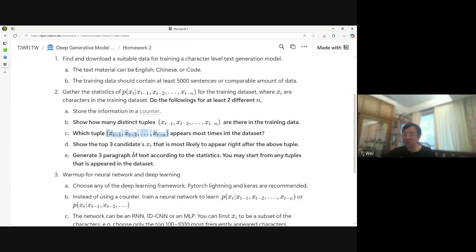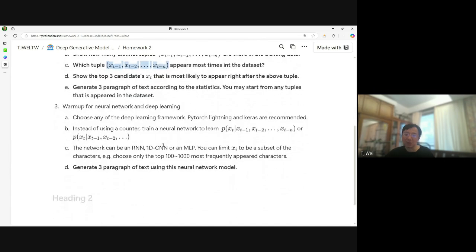That is kind of interesting. But for the homework itself, you only need to generate 3 paragraphs of text using any kind of neural network model that predicts the next character. Okay, so that's all about the homework.